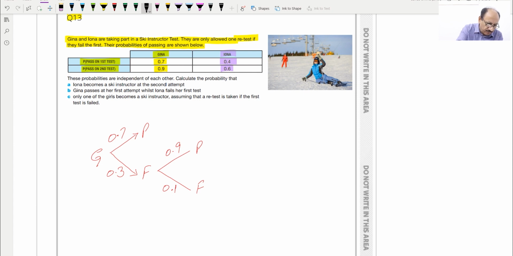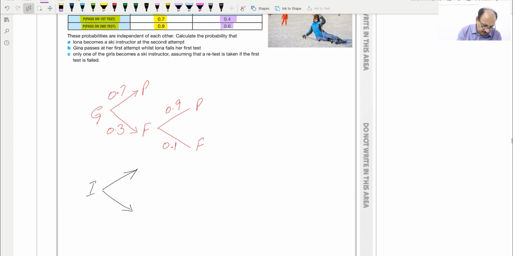For Iona, it will be pass and fail. Passing the first test is 0.4, so the remaining 0.6 will be the failing probability. Now if she fails, she will go for the second option, with the probability of passing and failing.